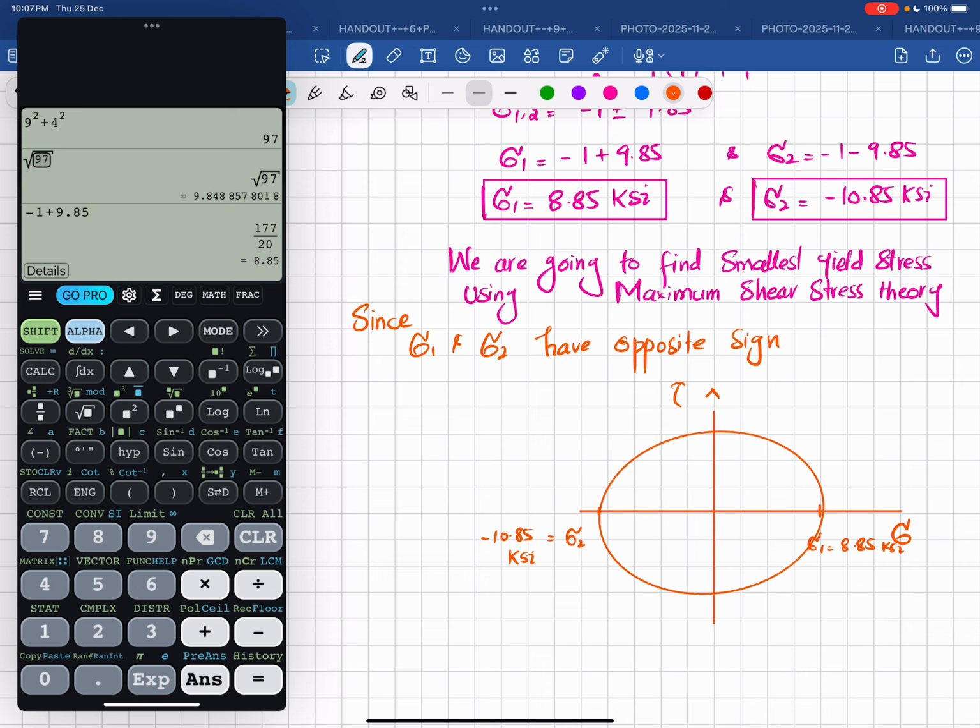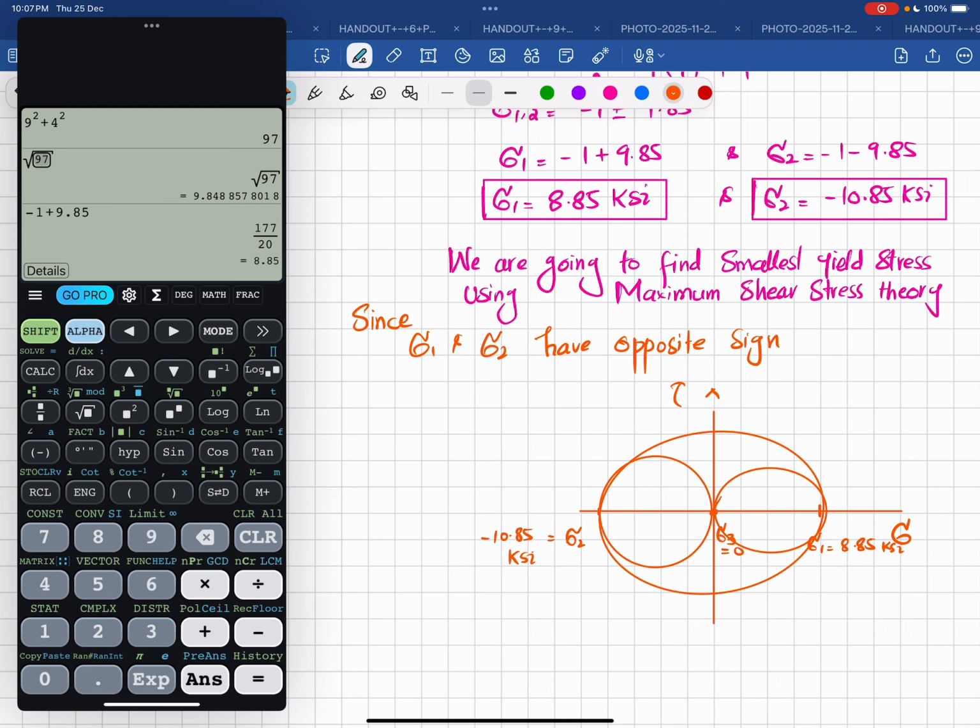It is not a perfect circle, but I am drawing it for your understanding. And here you can see sigma 3 is equal to 0. The Mohr circle between sigma 1 and sigma 3 is like that, and the Mohr circle between sigma 2 and sigma 3 is like that. Clear?